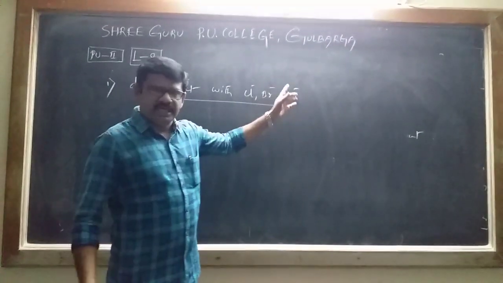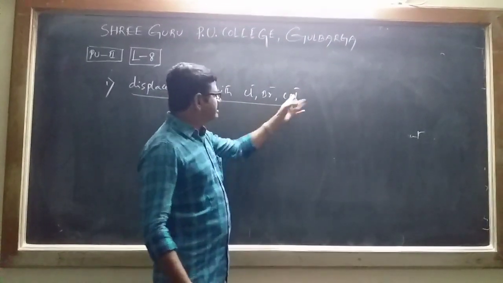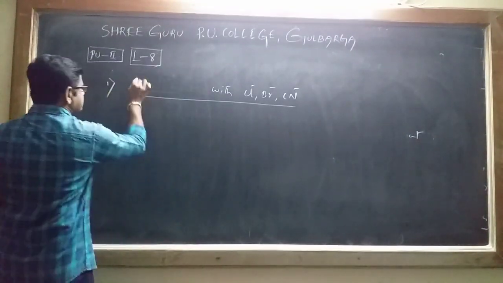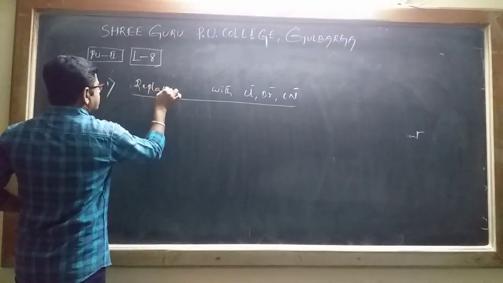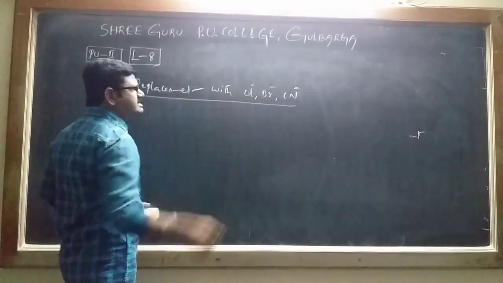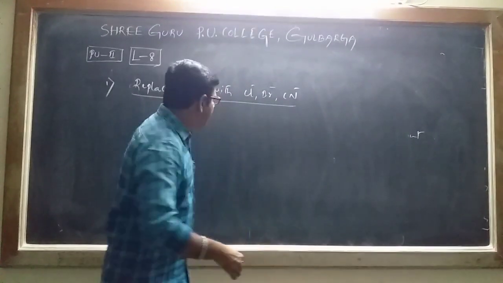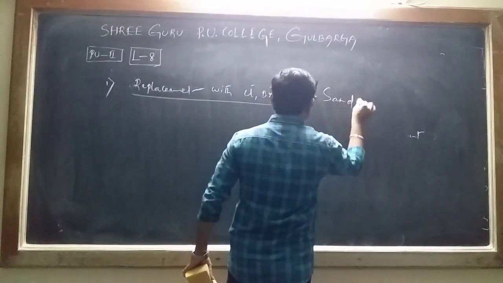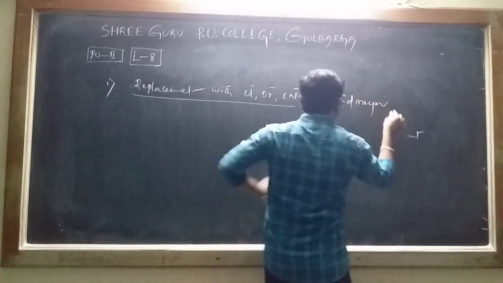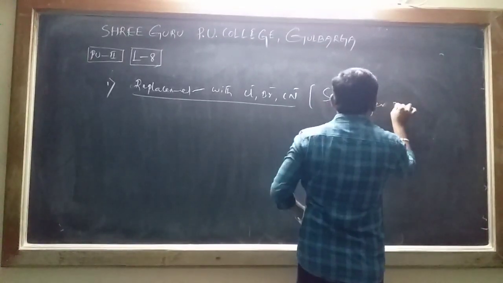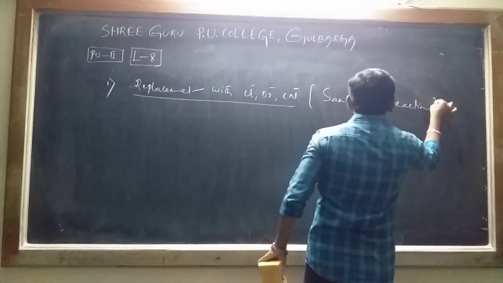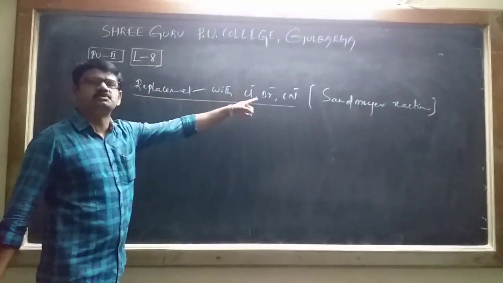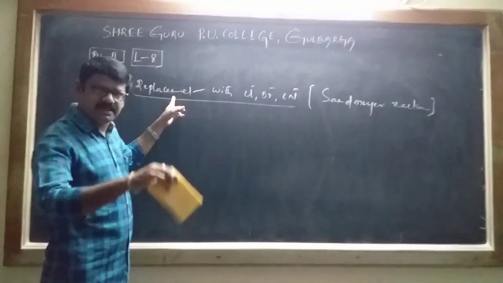The diazo group is replaced by these substances, or you can write replacement with Cl minus, Br minus, CN minus, and this is a name reaction, the Sandmeyer reaction.